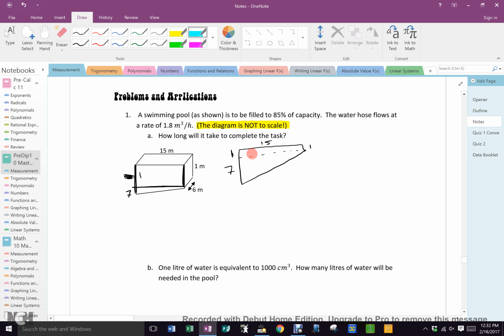Now, this shape, which is a rectangle, plus this triangle, and what does that shape do as you go backwards? It repeats over and over again, doesn't it? So this becomes the base.